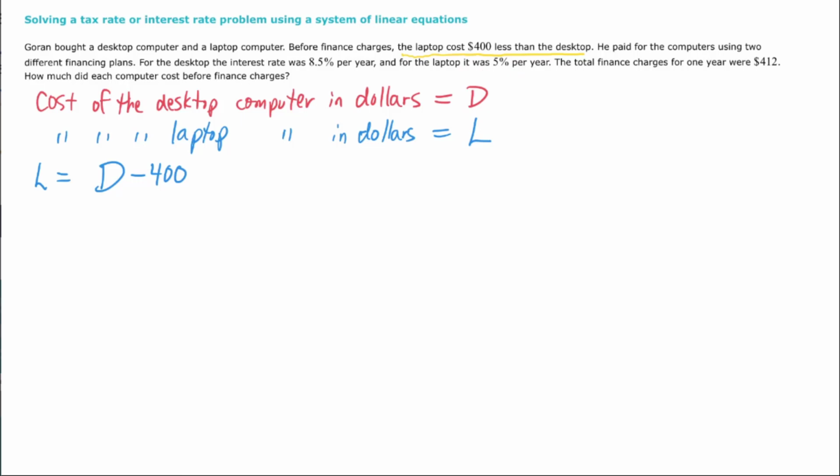So let's take 8.5%. Oh, remember to convert your percent to a decimal. So 8.5% is really 0.085.